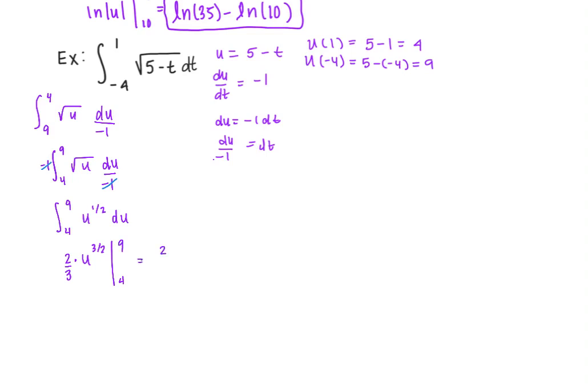So I've got 2/3 times 9 to the 3/2 minus 2/3 times 4 to the 3/2. So we're going to type this into our calculator. I've got 2/3 times 27 minus 2/3 times 8.